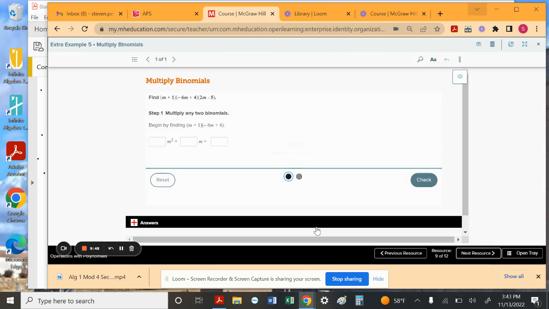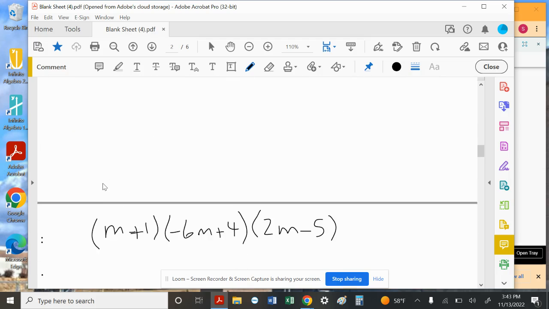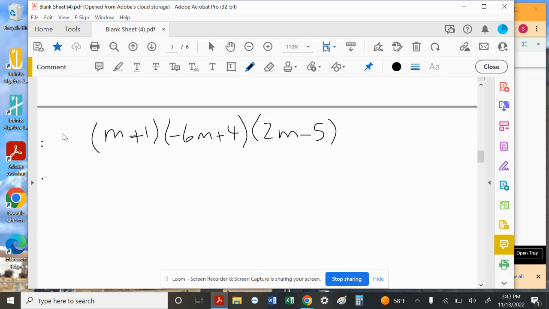So now we move on to the next one. So we want to see what the next one is doing. So if I move on here, I want to find m plus 1 times negative 6m plus 4 times 2m minus 5. So to do that, I have to multiply two things at a time. So in this case, I'm going to multiply this one times this one.